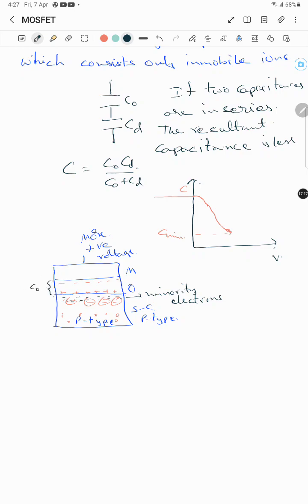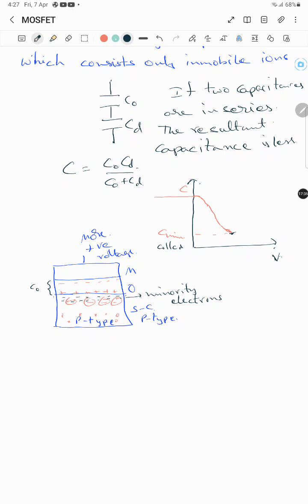So after this minimum point, what is this minimum point? This minimum capacitance is C0 in parallel with CD. And again, if you increase the positive voltage more, what will happen?